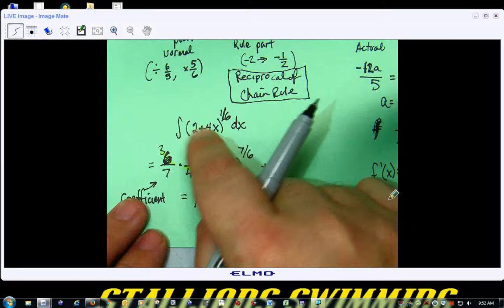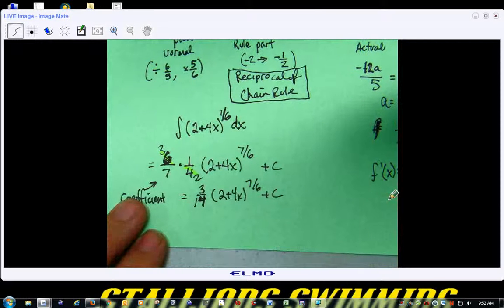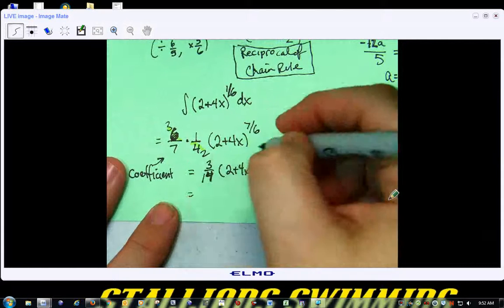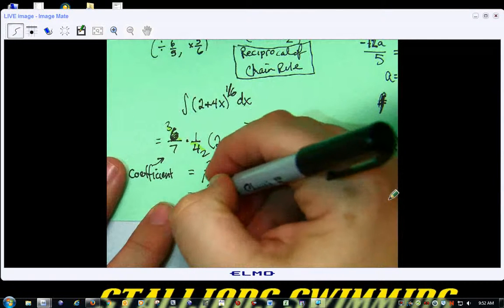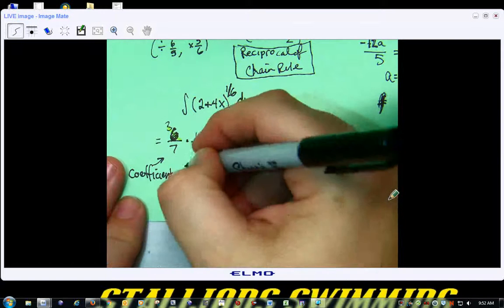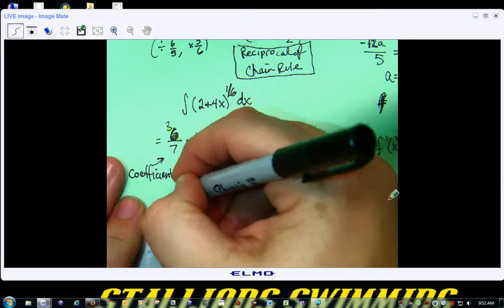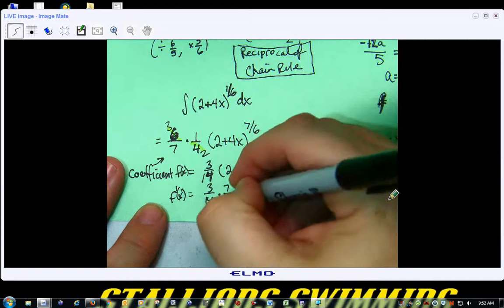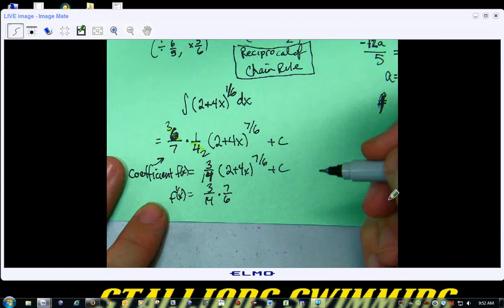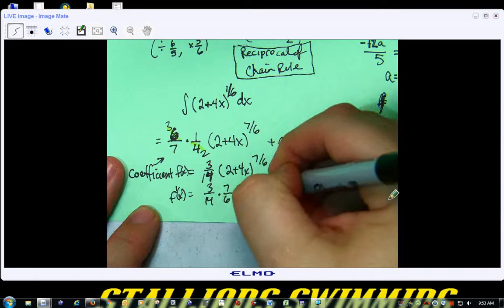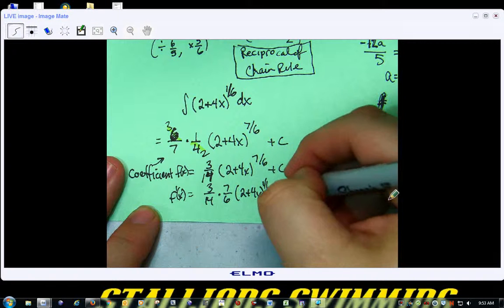So the derivative of this would be 3 over 14 times what? If this is f of x, f prime of x would be equal to 7 over 6, would you agree? Times 2 plus 4x to the 1/6. Now, what's the chain rule? 4. What's the derivative of the constant? Plus 0.